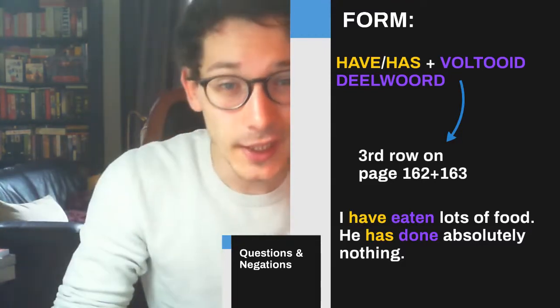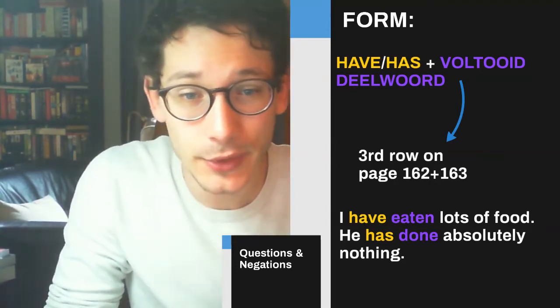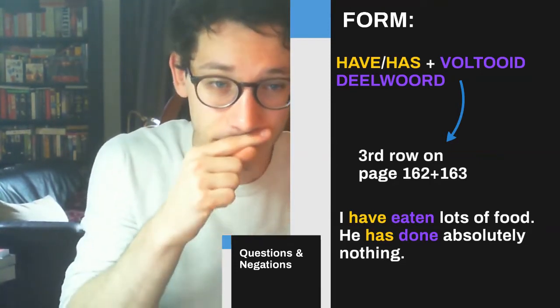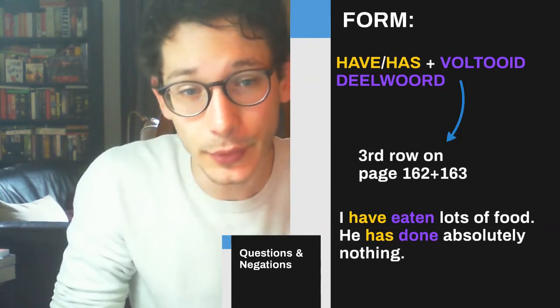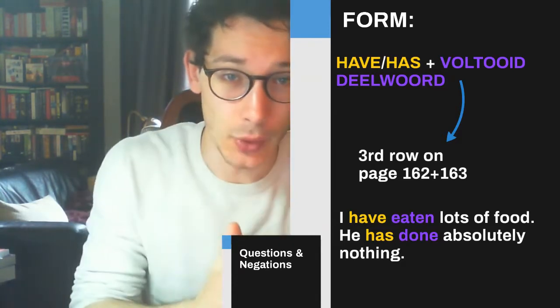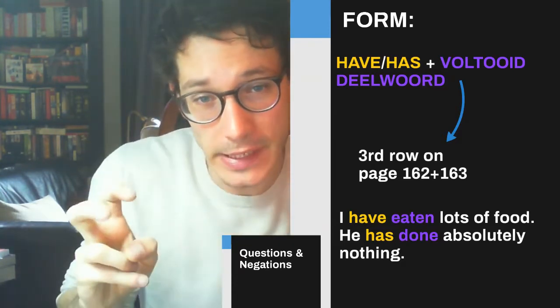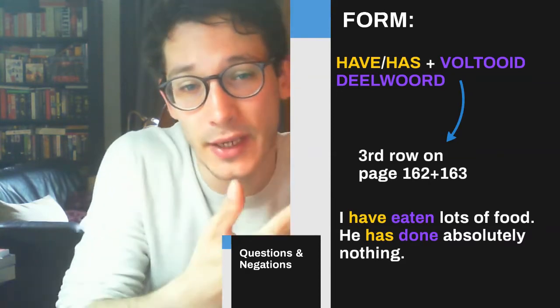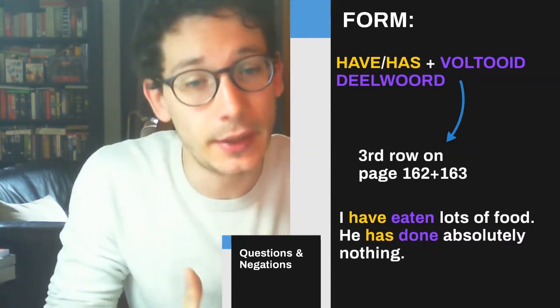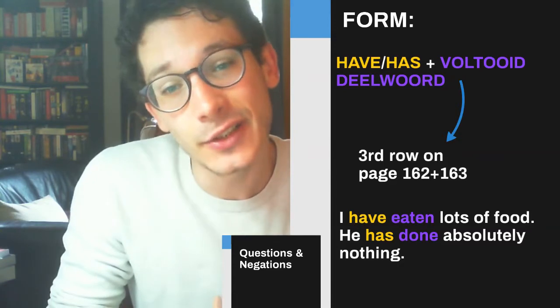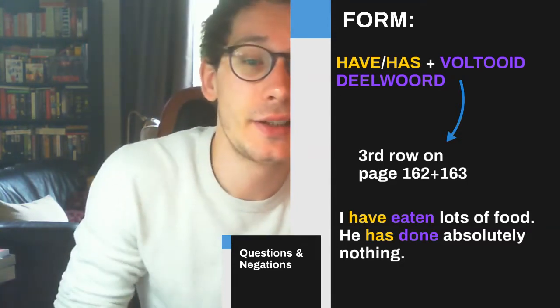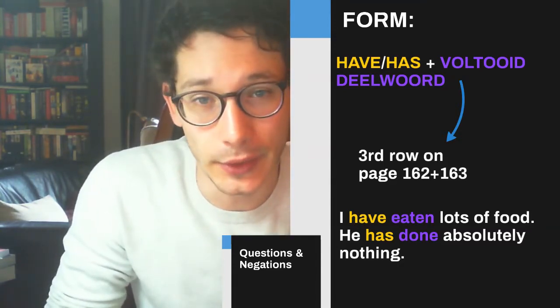Okay? What that looks like then, with some example sentences, is like this: I have eaten lots of food. Eaten is the third row of the verb to eat. And it is have because it's I, right? And then for the second sentence, it's he. So then you go, he has done absolutely nothing.